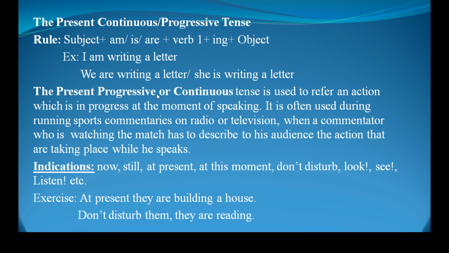Here, continuous or progressive tense is used when a commentator who is watching the match has to describe to his audience the actions that are taking place while he speaks.